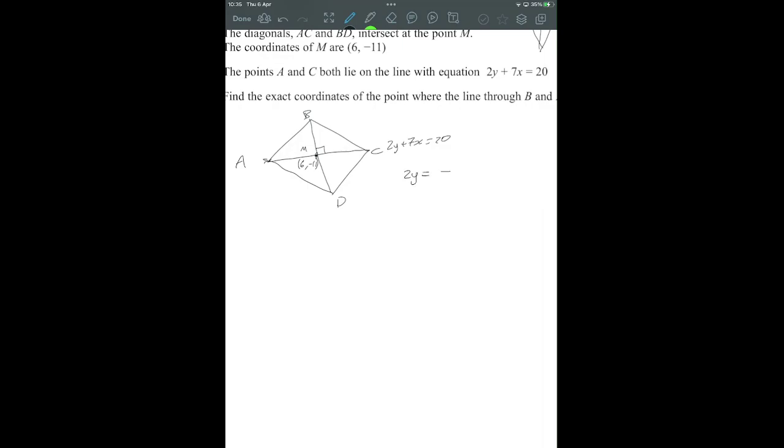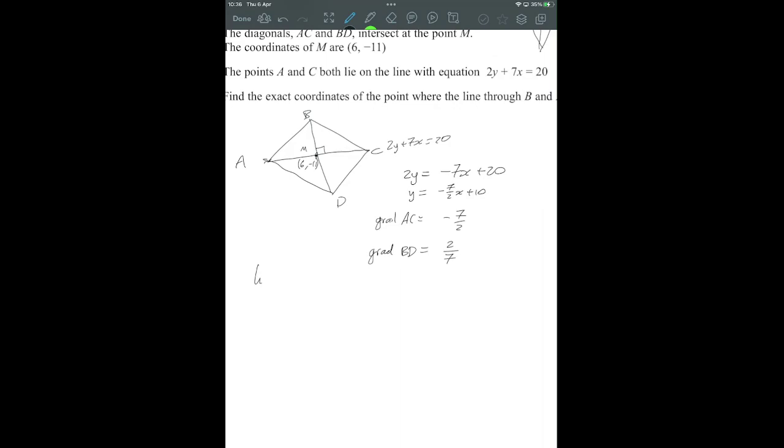So let's subtract off the 7x and divide by the 2. So the gradient of AC is negative 7 over 2, which tells us that the gradient of BD, flip it over, swap the sign, is 2/7. That's a little saddening because 2/7 is a horrible fraction. But let's see if it ends up working.